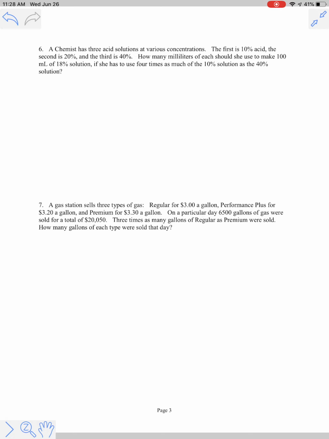Okay, questions 6 and 7 are some application problems from section 5.2. The question on 6 is how many milliliters of each should this chemist use to make 100 milliliters that's 18% concentrated. So there's 3 acid solutions.